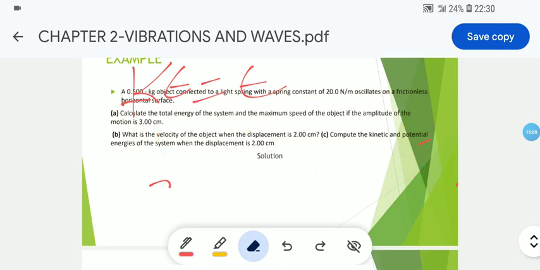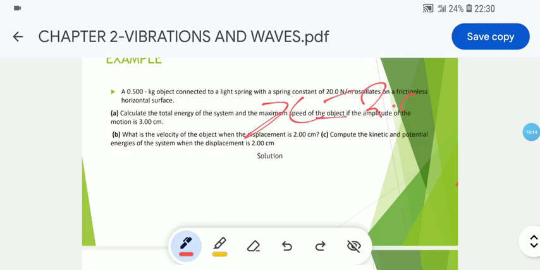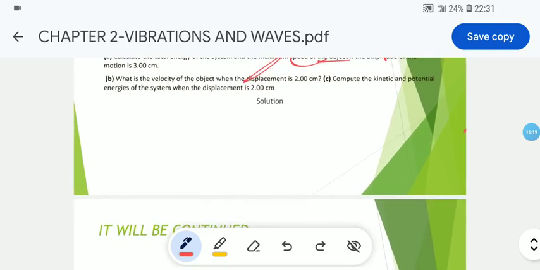Then what about question B? What is the velocity of the object when the displacement is 2.0? If you have a displacement, then the formula we are going to use is E equals 1/2 mv squared plus 1/2 kx squared, because you have the kinetic energy, the elastic potential energy, and also the mechanical energy.